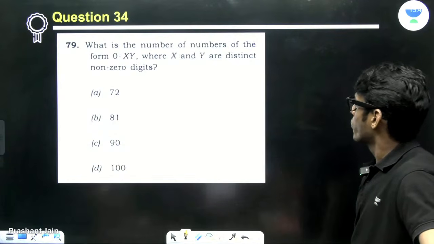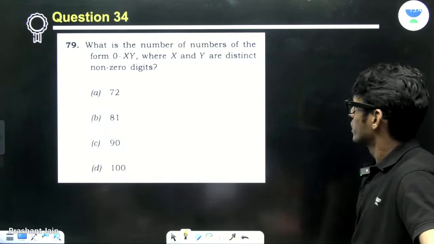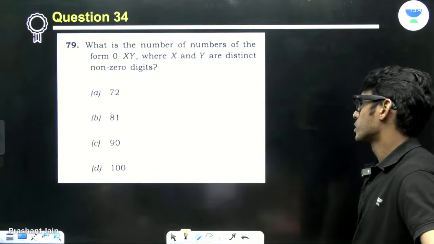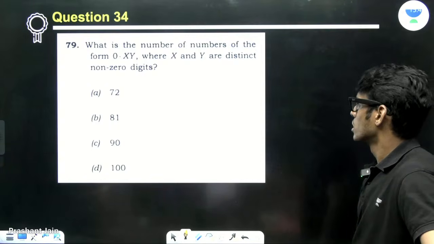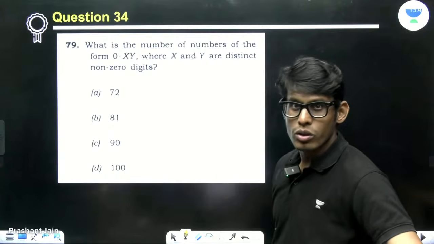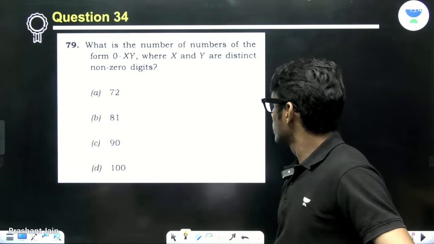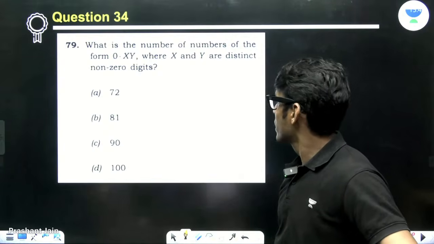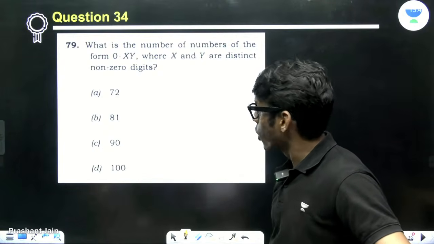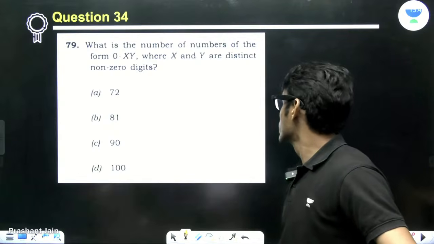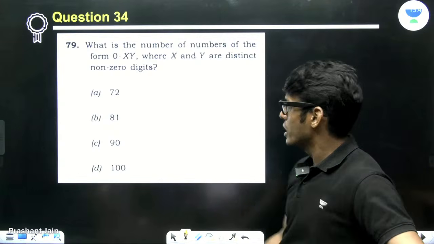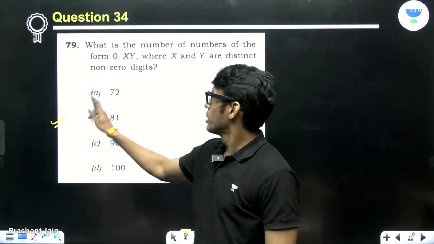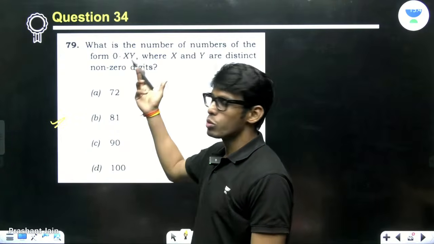What is the number of numbers of the form 0.xy where x and y are non-zero digits? Now this is very simple, right? Basically you are just, and these are non-zero digits. So it will be 81. There are 9 ways to choose x, 9 ways to choose y. 81.